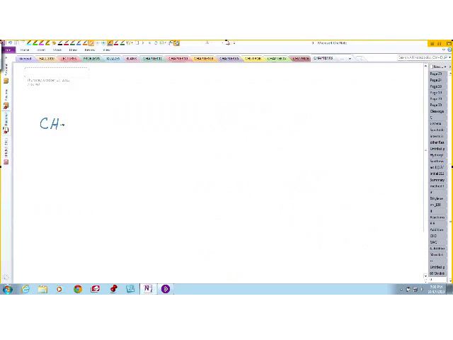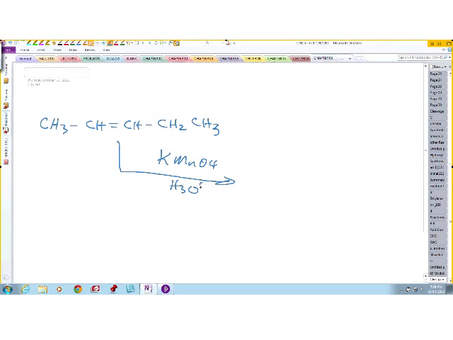Supposing I have this. Potassium permanganate in dilute acid. How many products are we going to get? And will they be carboxylic acids or ketones? How many products? Two, exactly, two products.